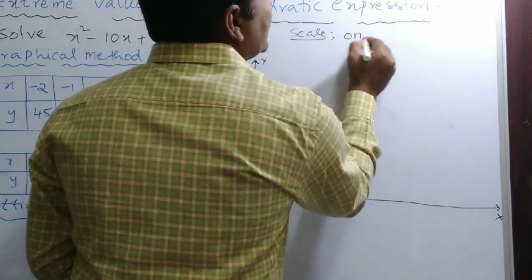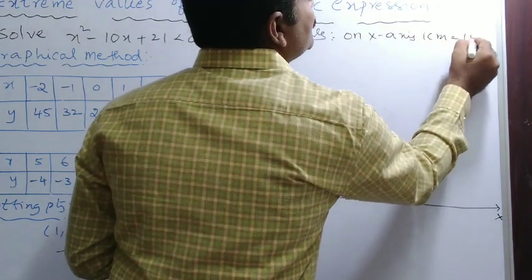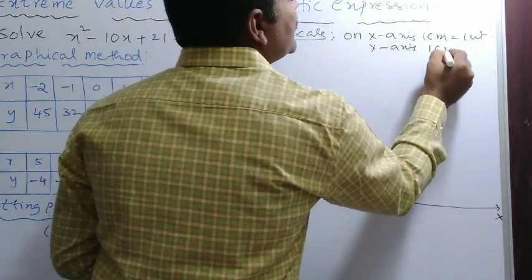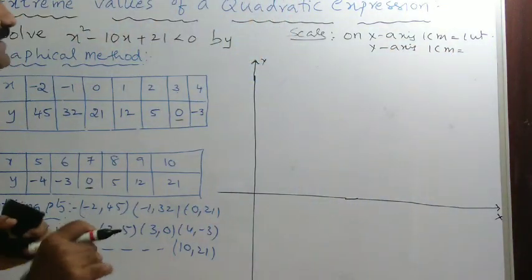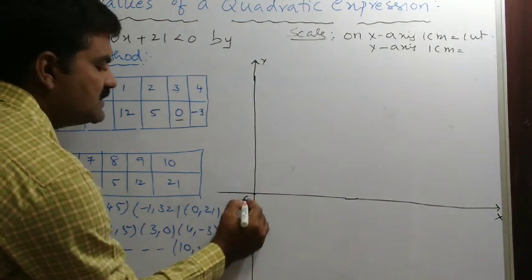so on the x-axis, 1 centimeter is equal to 1 unit. Now especially the x values, this is 0.